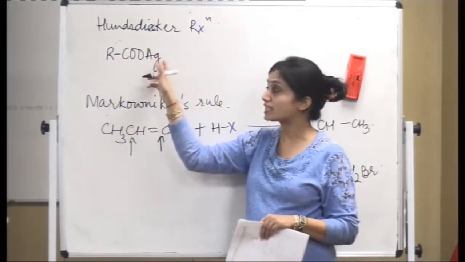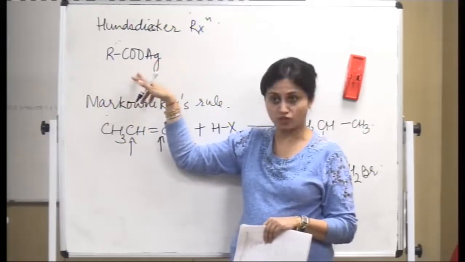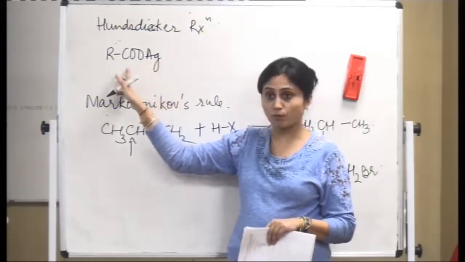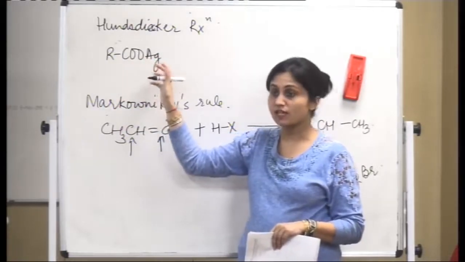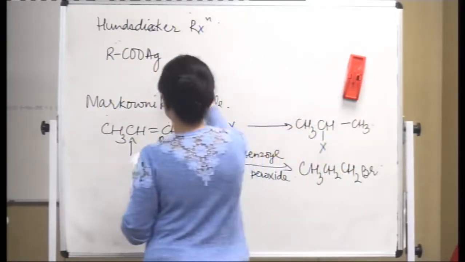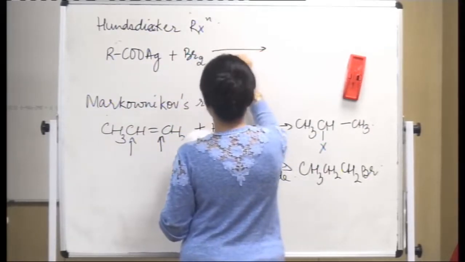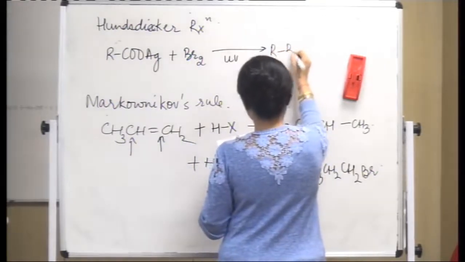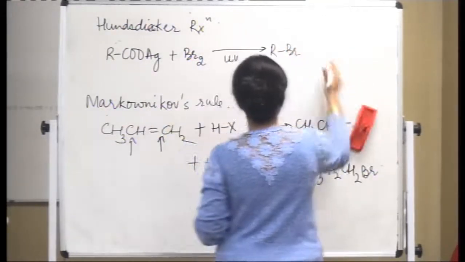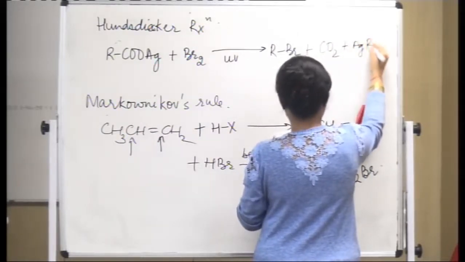So here you have the silver salt. Carboxylic acid is RCOOH. Silver salt of carboxylic acid will be RCOOAg, where H is now replaced with Ag. The silver salt of carboxylic acid is made to interact with bromine in the presence of UV radiation. It gives you RBr plus CO2 plus AgBr.